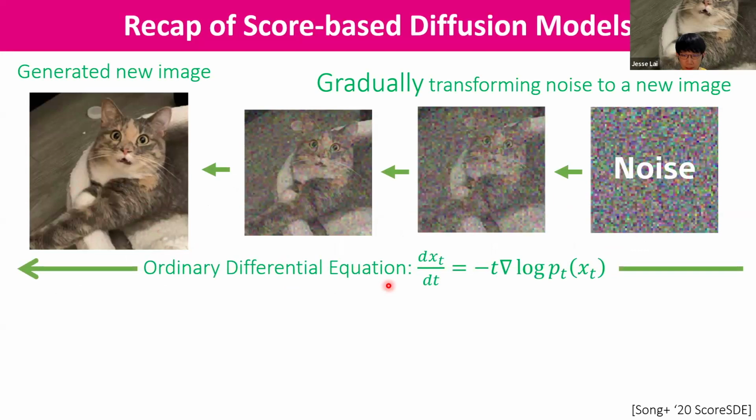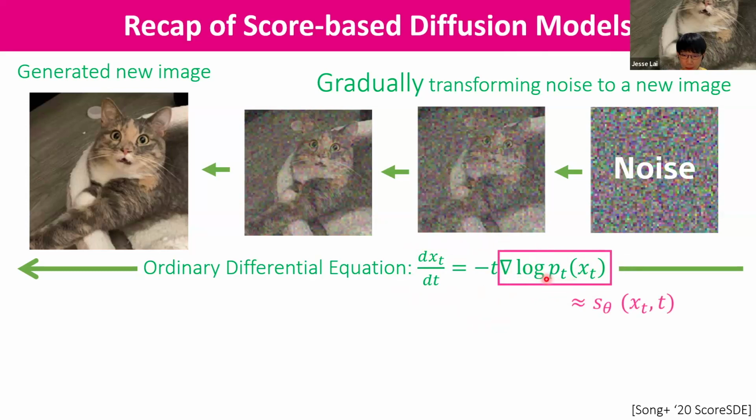So this kind of process is governed by an ODE. And this ODE, in short, is called the probability flow ODE, and it is expressed like this formulation. When we are sampling in practice, we use a neural network to approximate this function, which is the gradient of the log density, and people call it the score function.